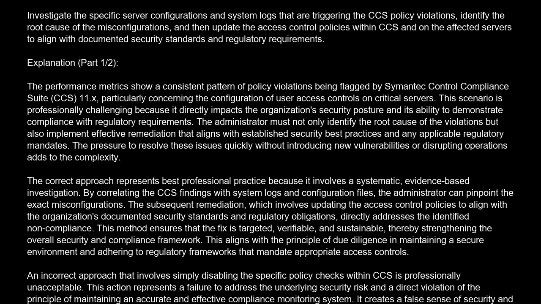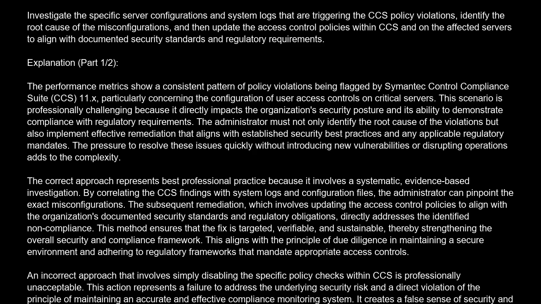The correct approach represents best professional practice because it involves a systematic, evidence-based investigation. By correlating the CCS findings with system logs and configuration files, the administrator can pinpoint the exact misconfigurations. The subsequent remediation, which involves updating the access control policies to align with the organization's documented security standards and regulatory obligations, directly addresses the identified noncompliance.